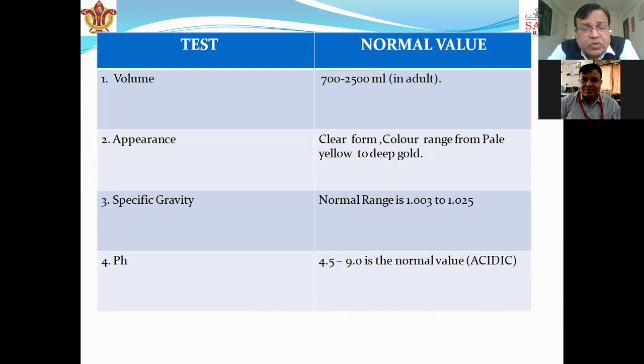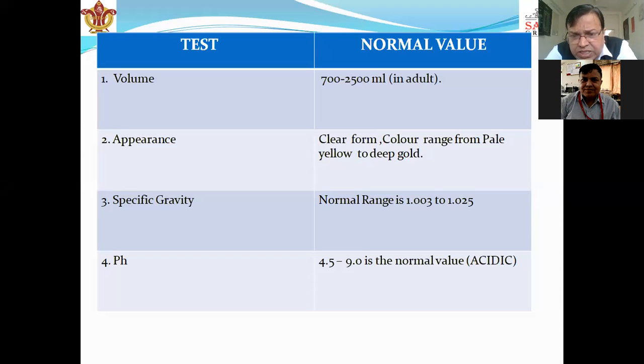Now, urine analysis tests. First, we can check the volume of urine, that is the total volume of urine in the entire day. It differs from 700 to 2.5 liters in adults. By appearance, we can find the clear color ranges from pale yellow to deep gold, and third is specific gravity.